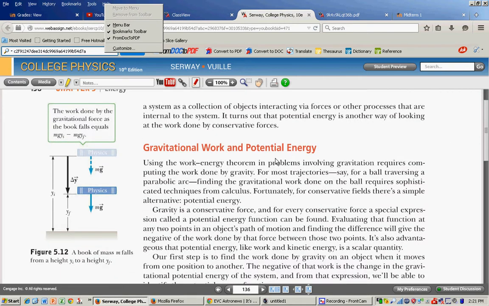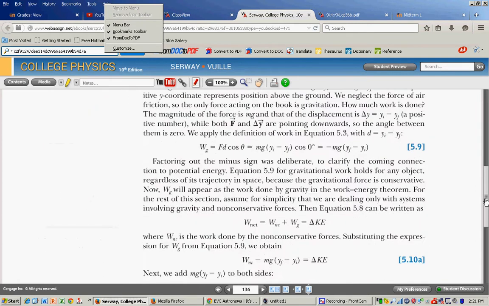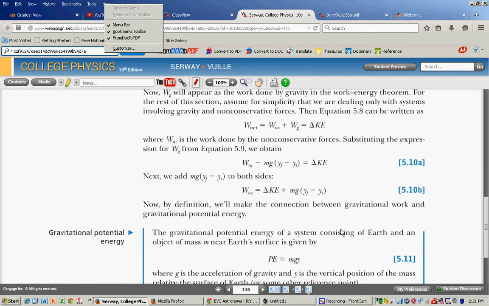Gravitational potential energy. This is the energy when you hold something with your hand and you let it go, that thing falls. So you can think that by holding something with your hand, you have potential. If you let it go, you have some potential energy stored in there that can be converted into kinetic energy.